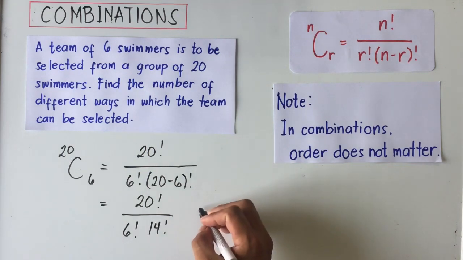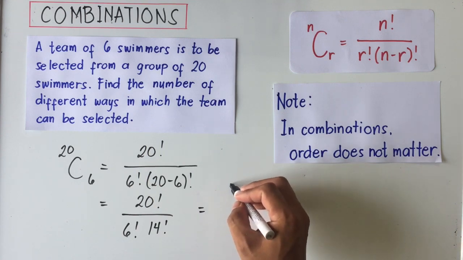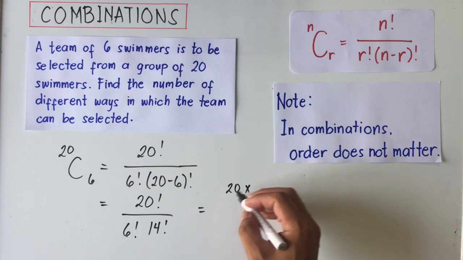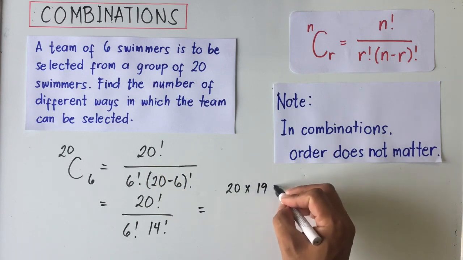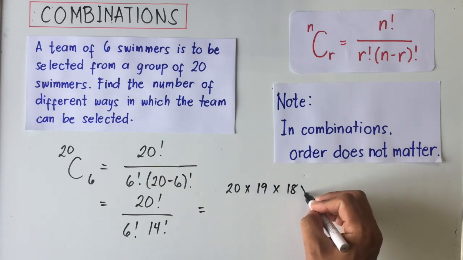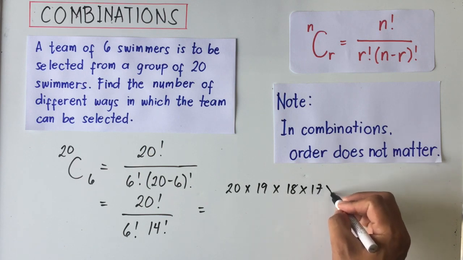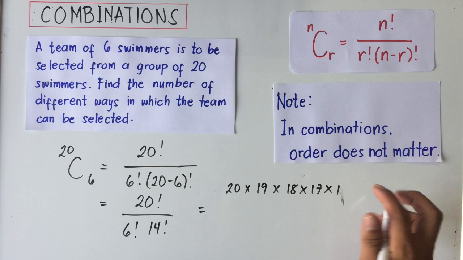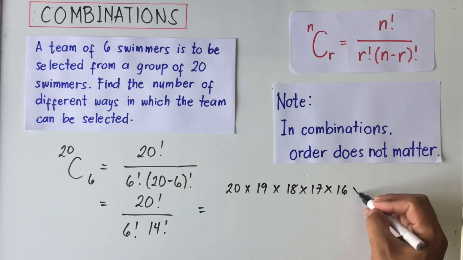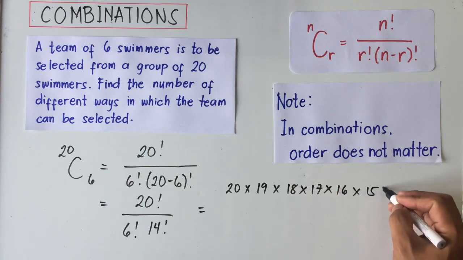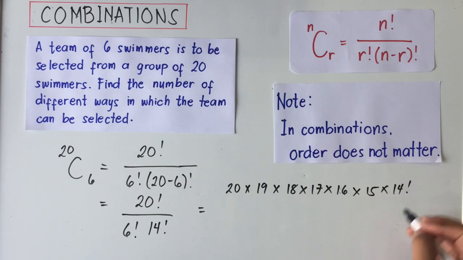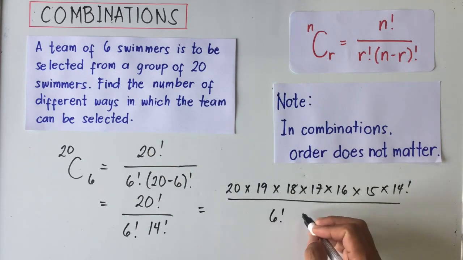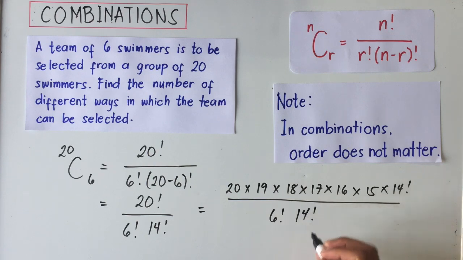So you will have 20 times 19 times 18 times 17 times 16 times 15 times 14 factorial, divided by 6 factorial 14 factorial.